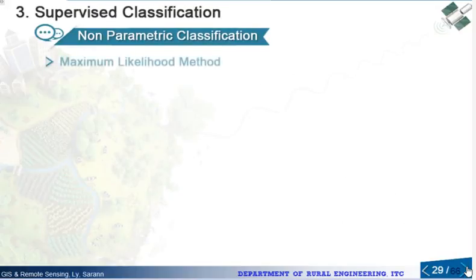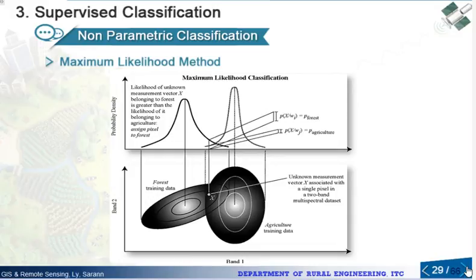So in the maximum likelihood classification, you see here, the likelihood of the unknown measurement vector H belonging to forest is greater than the likelihood of it belonging to agriculture. So we assign the pixel to the forest.